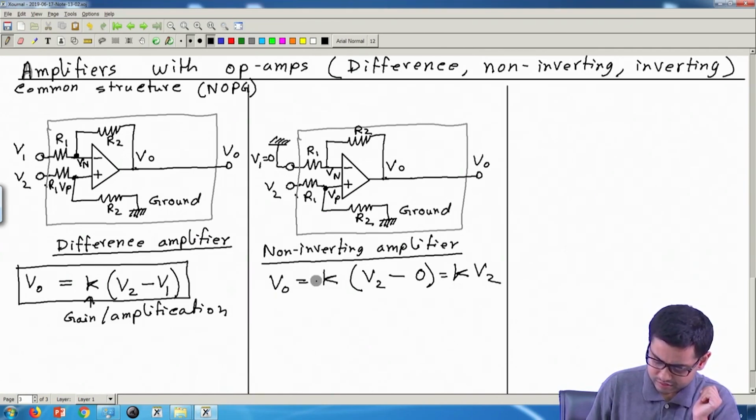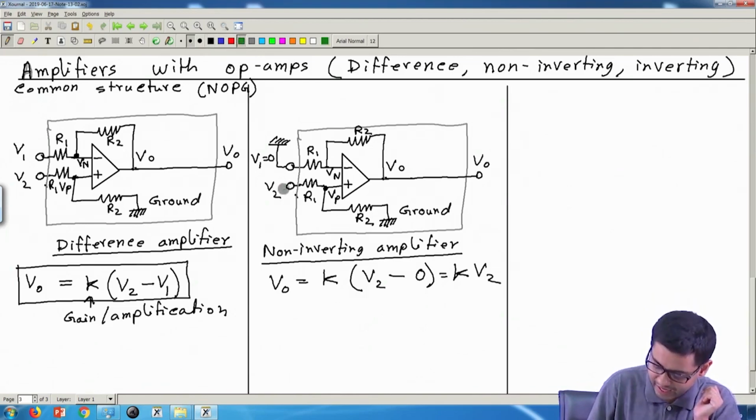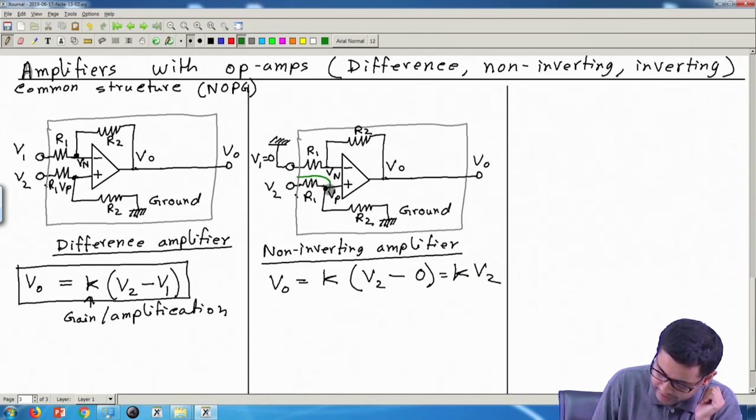Now observe one small thing, which is this. I'm giving input V2 here, and so some current will flow, and it will flow like this. It will start from here and will go to ground. No current can go through this input.